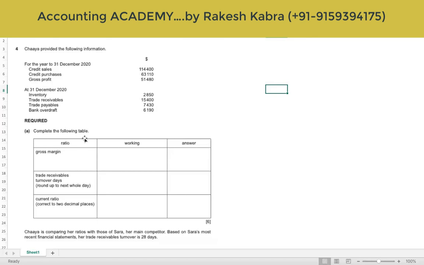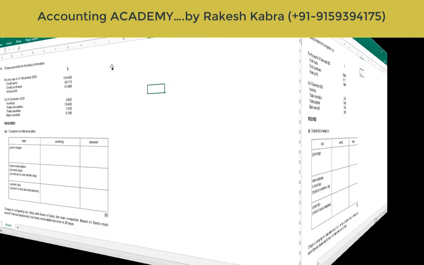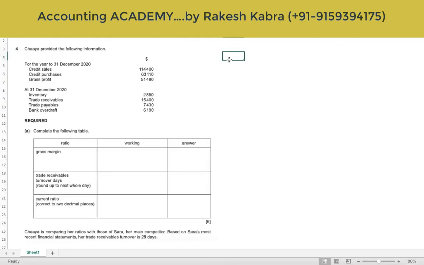Complete the following table. They are asking ratios. Three ratios they have asked. First one is gross margin. So we will first discuss gross margin. First we need to write the formula. What is the formula of gross margin?